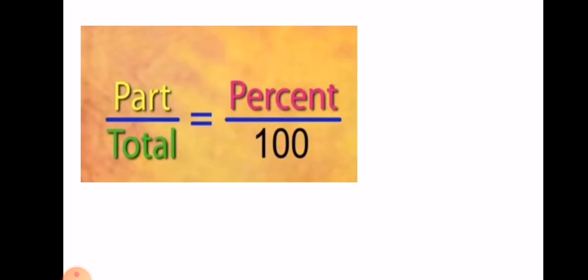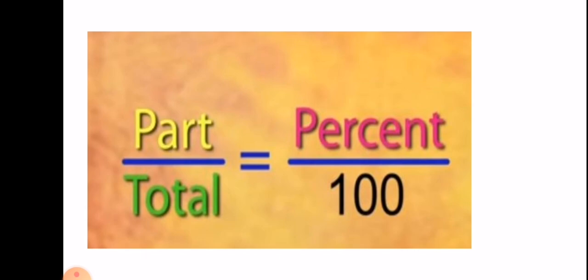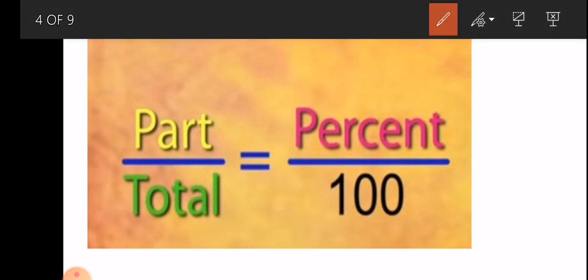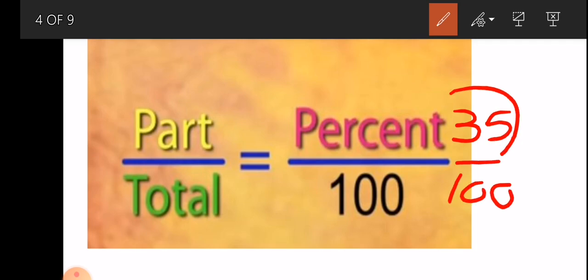It means that part over the total will be equal to the percent over 100. Let's put the same numbers that we took in the previous example. 35%, we said it's 35 over 100. This 35 I call the percent, and always the percent has 100 down.